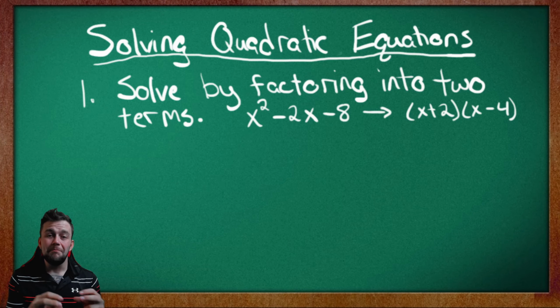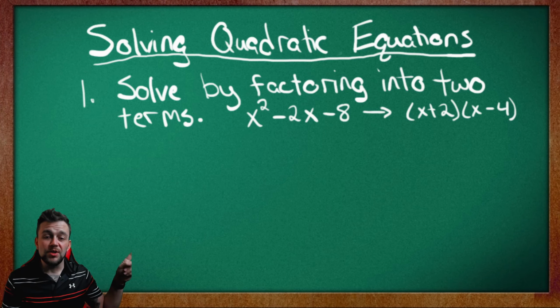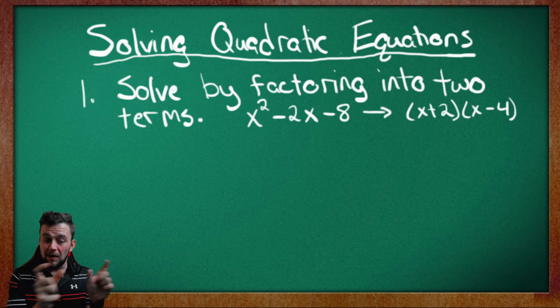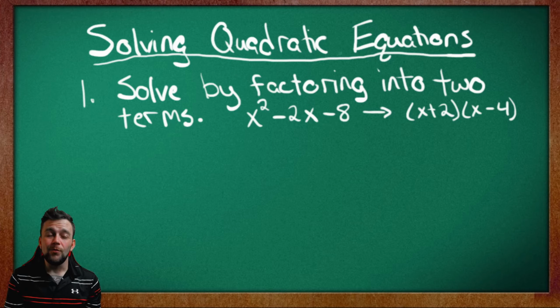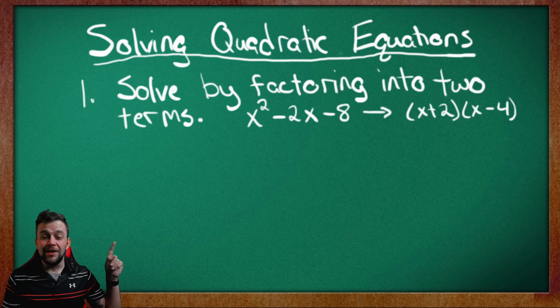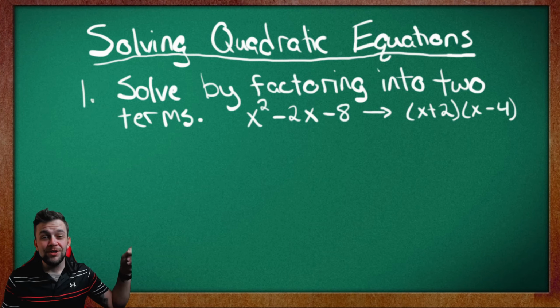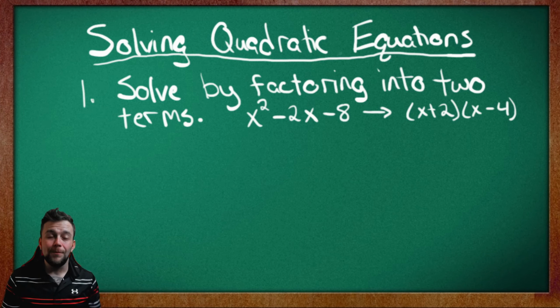Those 2 things mean the same thing. So that x squared minus 2x minus 8 and the x plus 2 and the x minus 4 being multiplied by each other, those represent the exact same thing. And we'll go through our examples. You'll see how we can change that quadratic equation into its factored form.